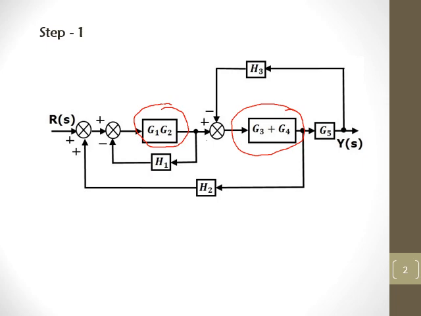So when you solve the numerical, you have to redraw the blocks and show the steps one by one. It is not necessary that you write that you have applied rule number 1, that is blocks connected in series, or that you have applied the rule for the parallel path. That is understood if you remember all the rules, then you can apply them.